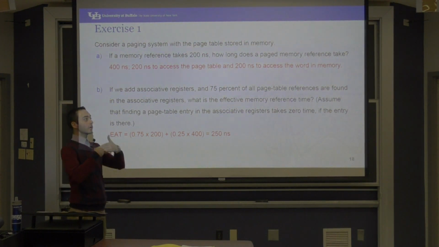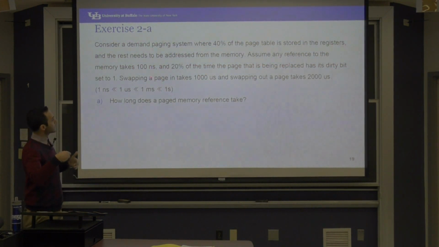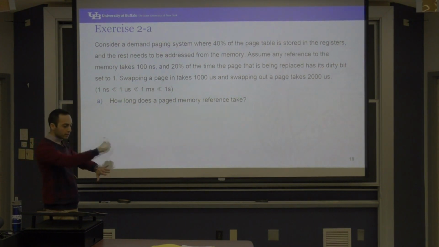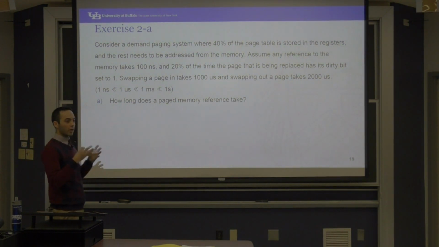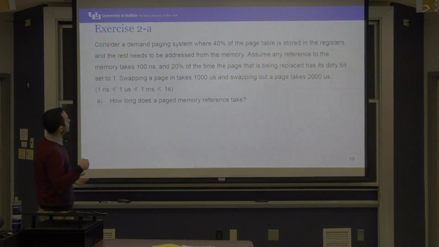Now, the next part of this exercise adds a level of more calculation. So you have to compute an effective access time of memory, but also virtual memory. Here it says we are considering a demand paging system.